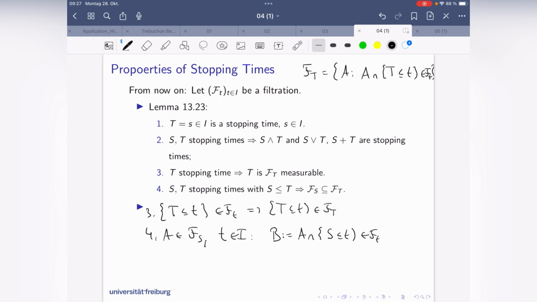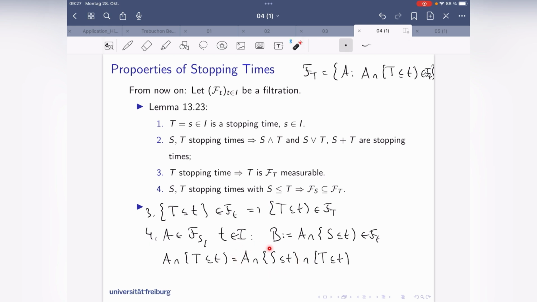I have to show that A is also in F big T, which means I have to check the defining property here. So A intersected with big T smaller or equal than small t. Well, if big T is smaller or equal than small t, then S is also smaller or equal than small t. So that's the same as A intersected with S smaller or equal than small t intersected with T smaller or equal than small t, like this here.